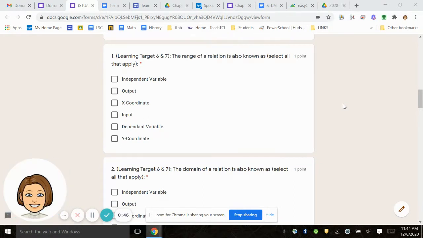Number 1, the range of a relation is also known as, and check as many boxes as you need to. So the range is an independent variable, output, x-coordinate, input, dependent variable, y-coordinate.